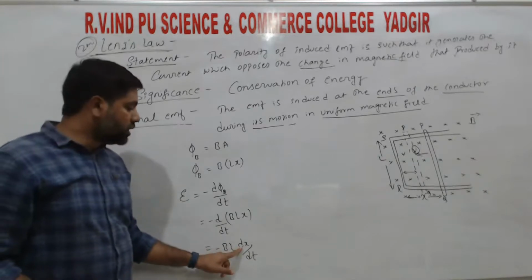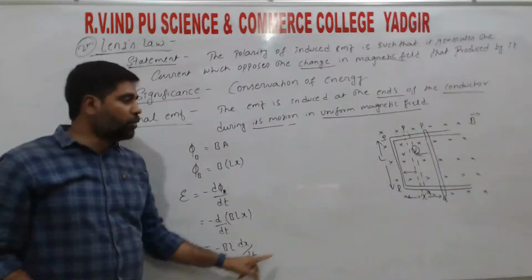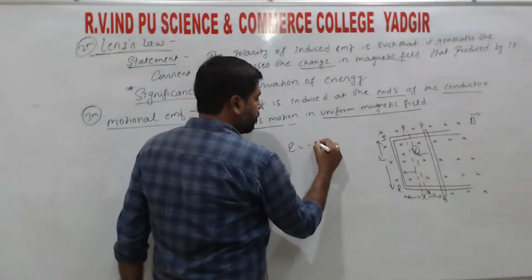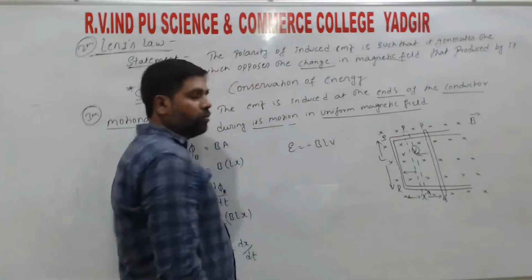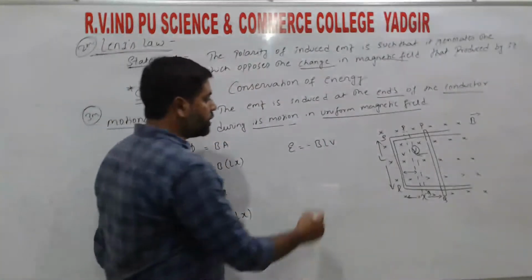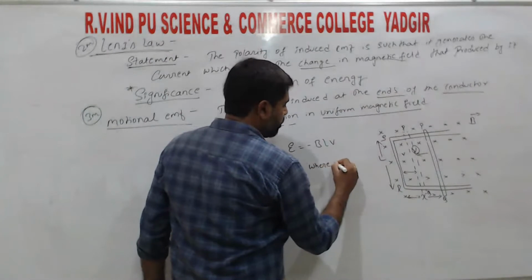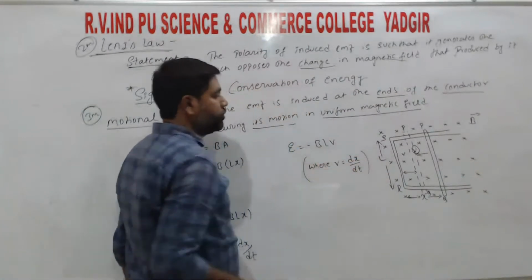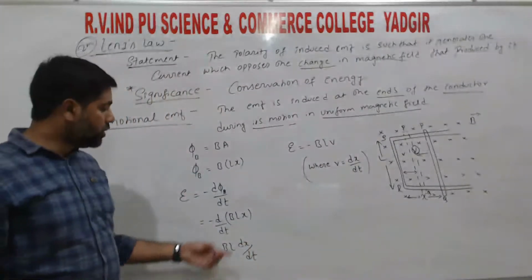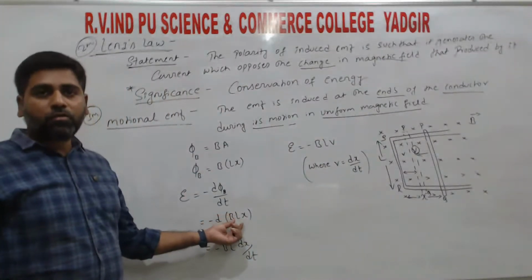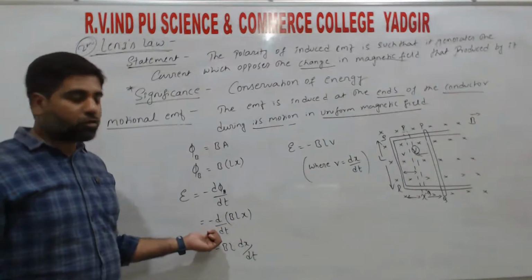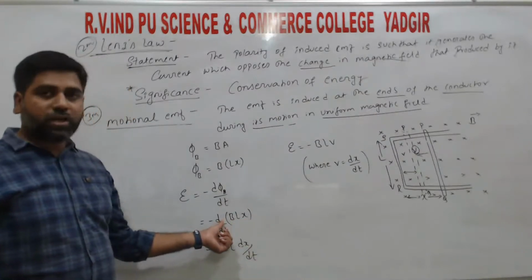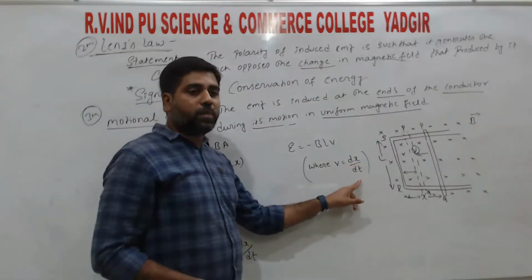So from the definition, change in displacement with respect to time is what we call velocity, right? So the induced EMF E equals minus BLV, where v equals dx by dt, right? You are doing this in differentiation class. So the constant terms we can take outside, and only the variable term, that is, whatever is changing, we can differentiate, right? So that we write as dx by dt.